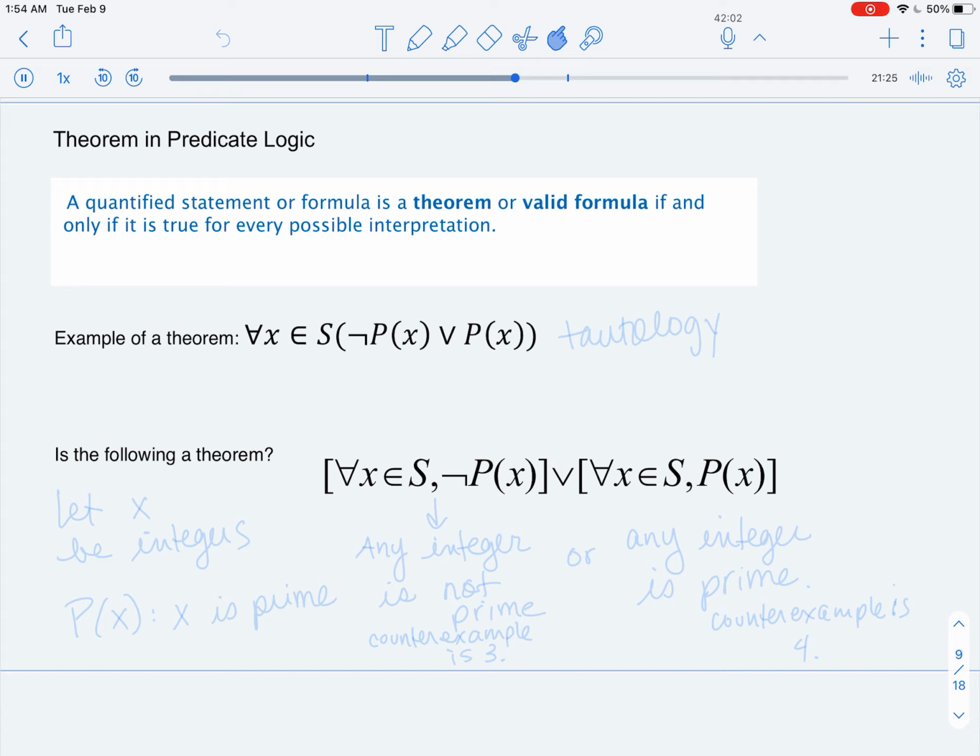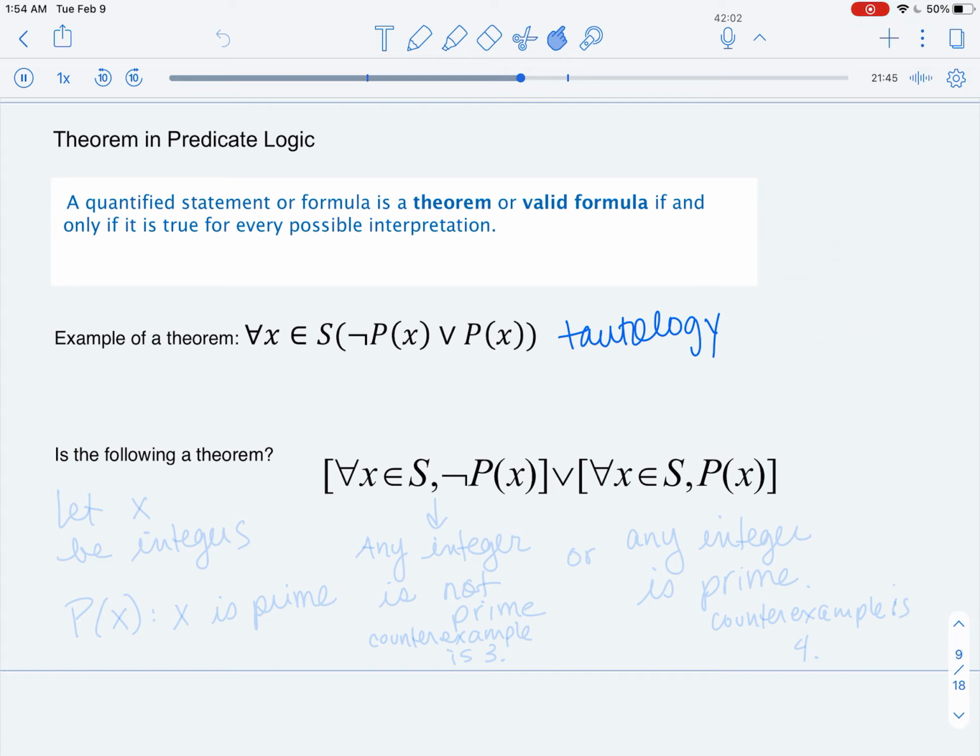either the predicate x is true or its negation is true. This is a tautology. So either the predicate x is true or its negation is true for any value x.